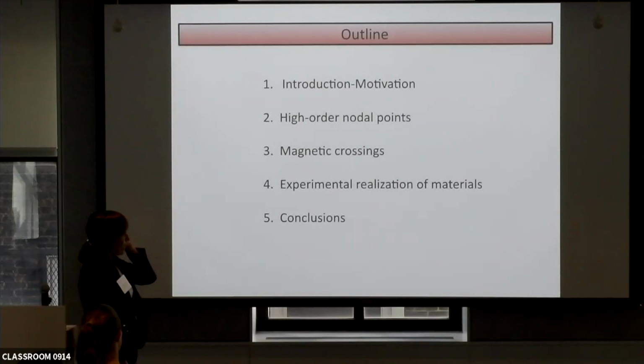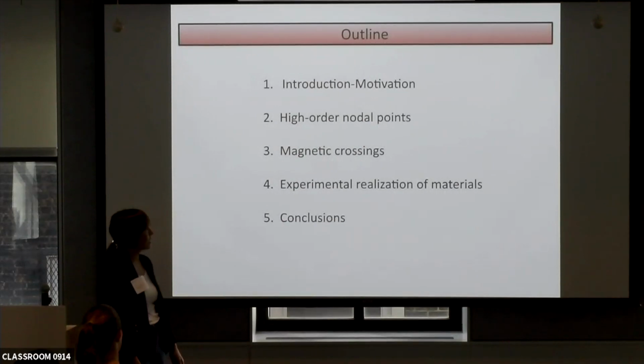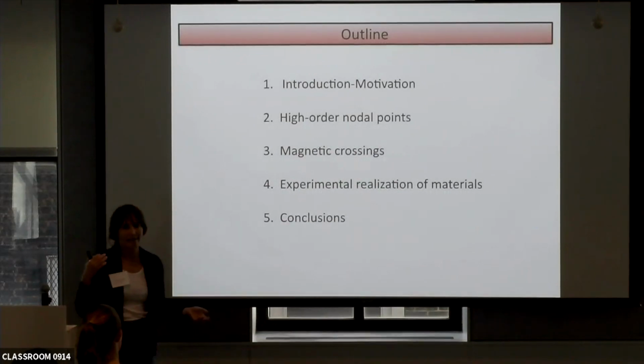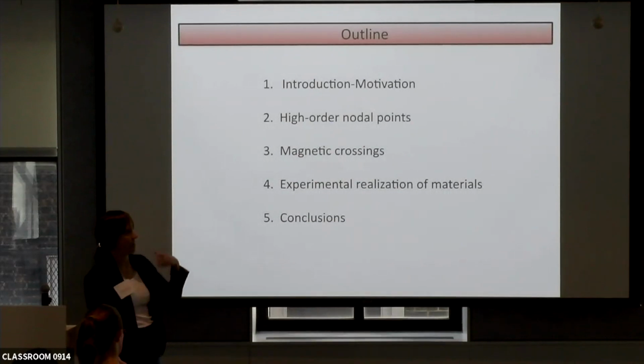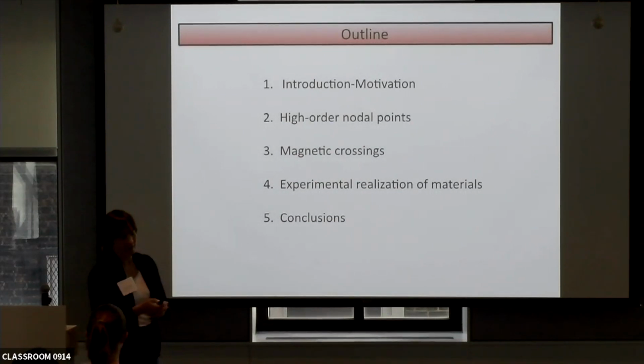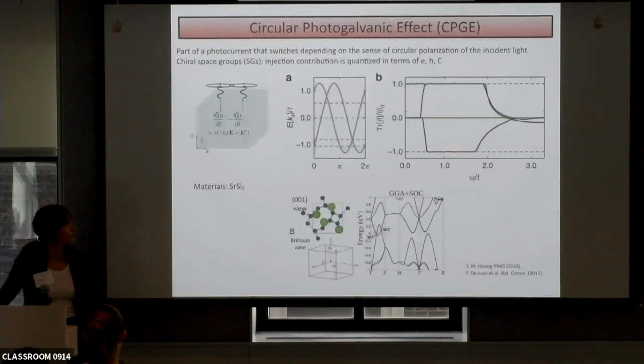In the following, I will give you the theory behind the identification of magnetic crossings, high-order crossings in magnetic materials, and the attempt of the experimental realization of the materials, comparing what the experimentalists can tell us, how we can help experimentalists with DFT and prediction of phases, and some examples of the results of these collaborations.